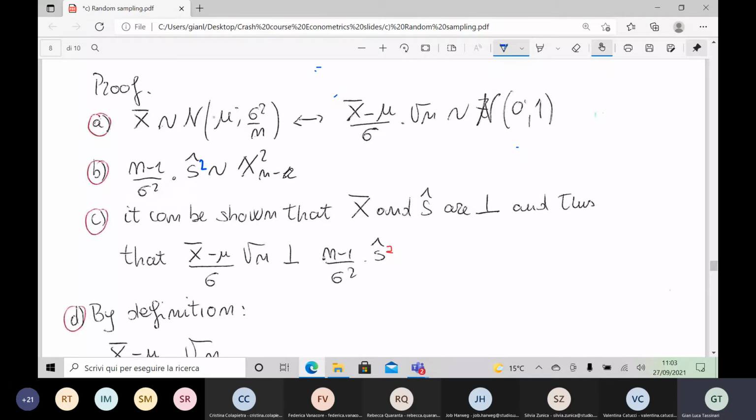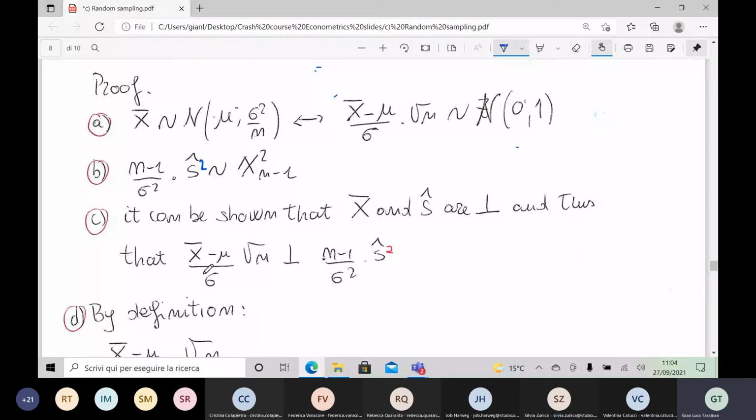Remember that I told you that a student's t distribution with n degrees of freedom is a ratio between a standard normal divided by the square root of a chi-square with n degrees of freedom divided by its number of degrees of freedom. So, guys, here you have a standard normal random variable. Here you have a chi-square distributed random variable with n minus 1 degrees of freedom.